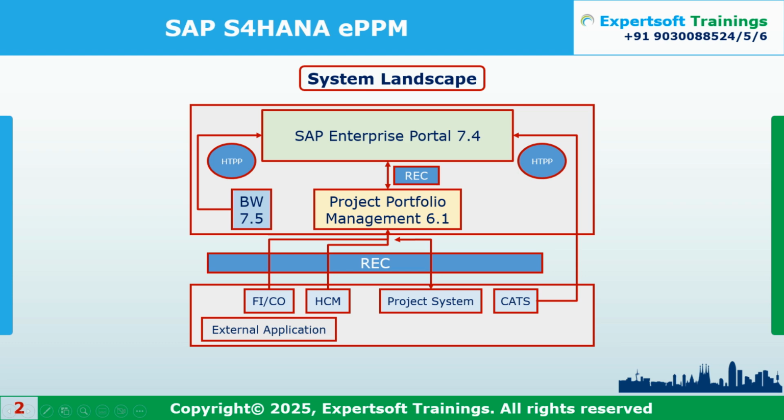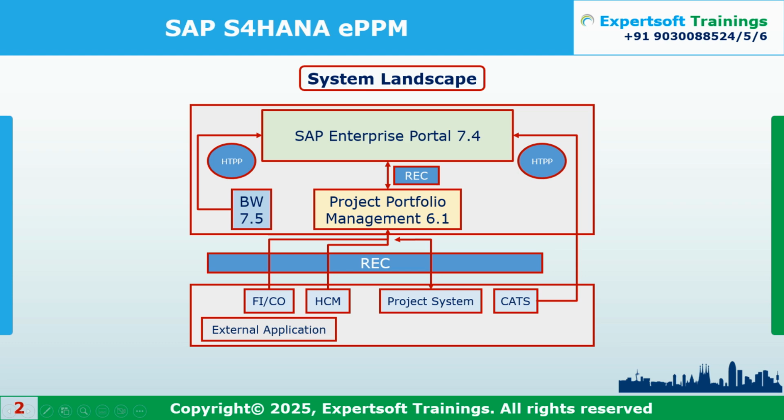The HR team will look into that and say you might require these many consultants or engineers. Once they fulfill that requirement, you assign them to the project, and they will book their timesheets. According to that, their cost will be booked against your project.